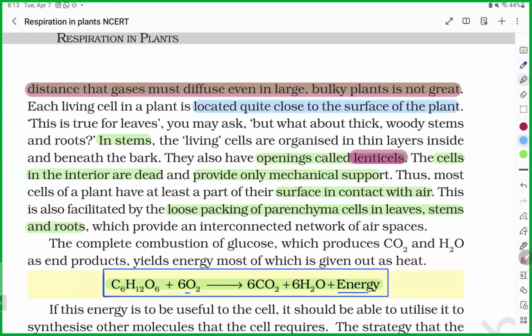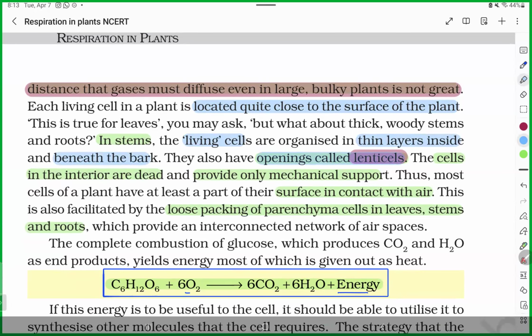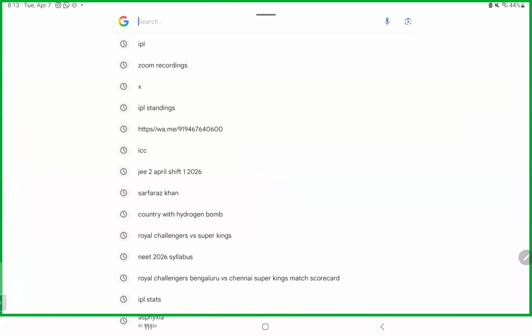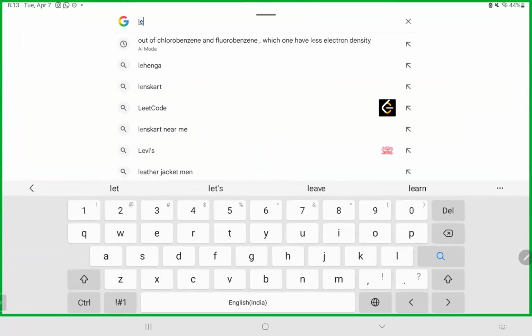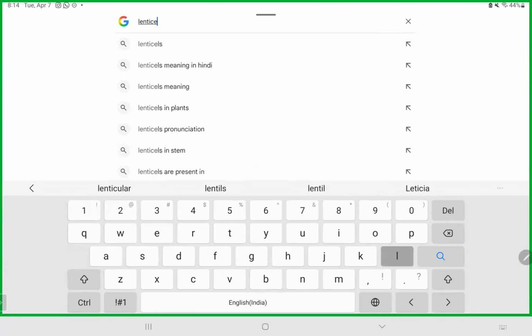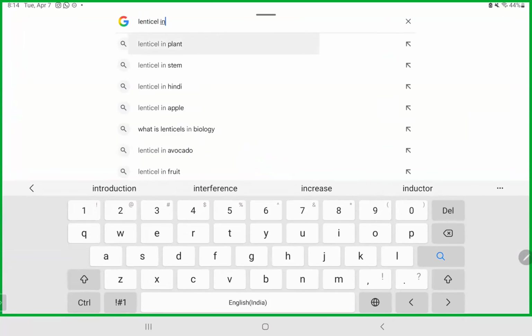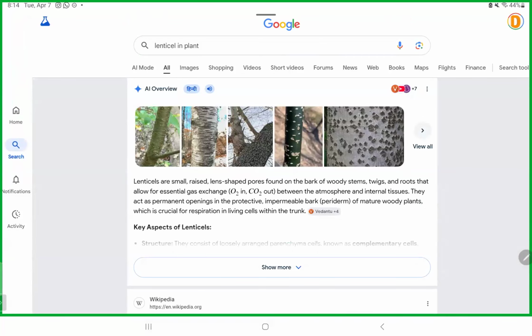Correct? In the case of stem, cells are organized in thin layers inside the bark, and there are openings known as lenticels. You must have seen the cracks, lenticels, in a plant.